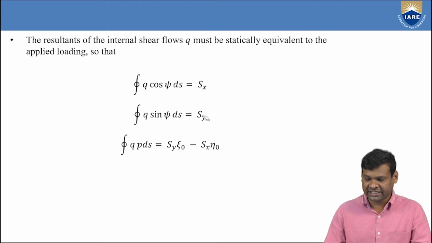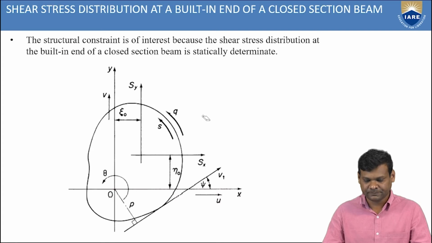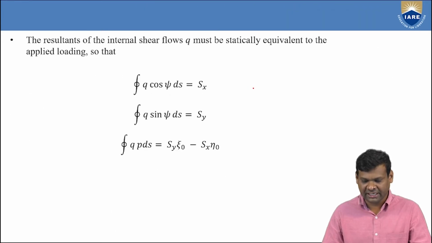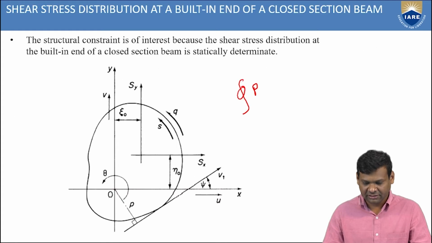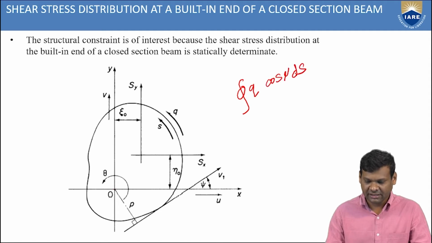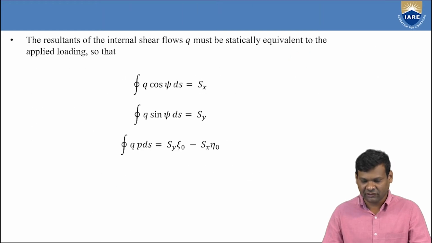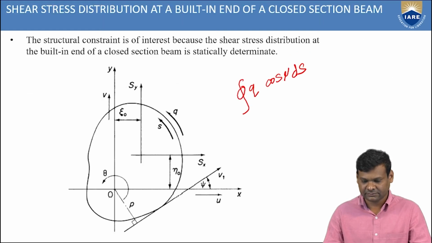This can be explained through this diagram, that is along a closed path, that is P. Here it is, Q cos phi ds. This is the shear force equivalent to the Sx.